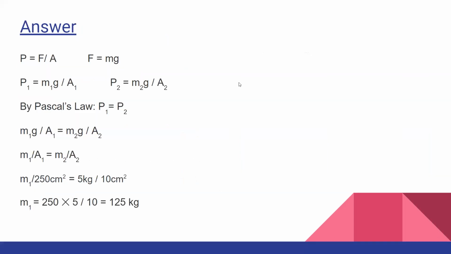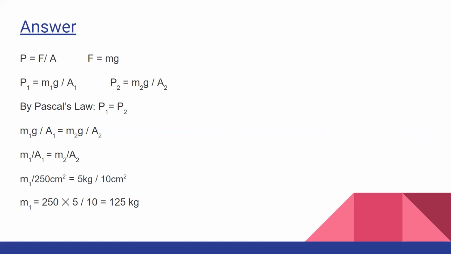Basically, we have to use two equations because we know P is equal to F over A, but we are not given F inside the problem. So we have to use the fact that since we just have something on top of the piston pressing down due to gravitational force, we are assuming F is just weight. It's just the weight of the 5 kilogram object.